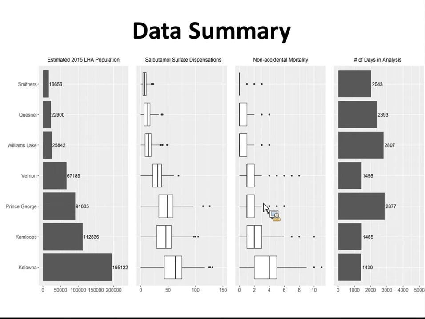Having a little bit of difficulty breathing and needing to use a rescue medication is mild in the scheme of things. Death is about as severe as it gets. Here we have the number of days that each of these communities contributed to the analysis, where we had overlap between all of those sources of data.